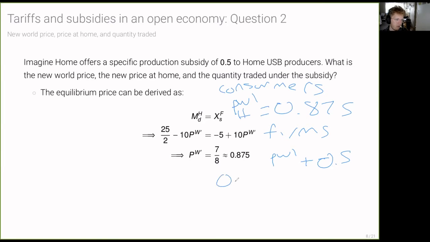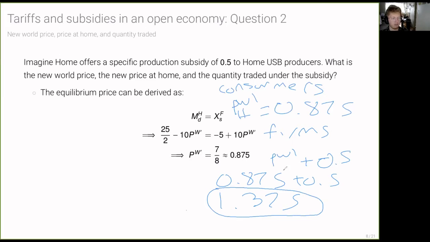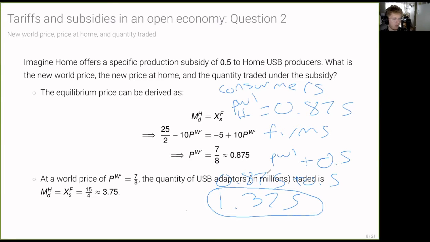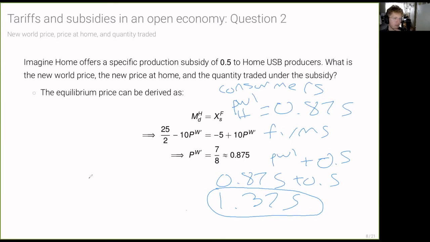And so if the old price was 0.875, then we just add 0.5, and it's going to give us that the new price is 1.375, and so firms effectively are going to face this new price. Okay, and so that's going to be the price faced by firms.